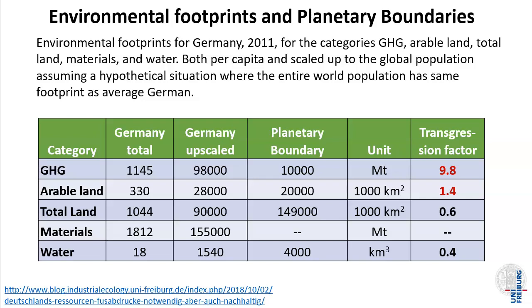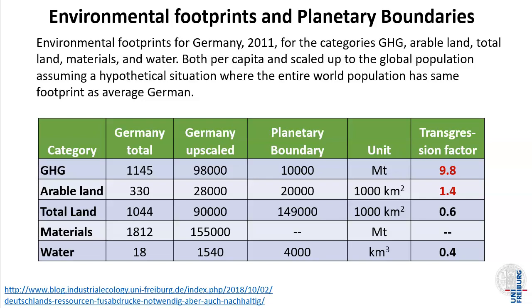And what we see is that for climate change and greenhouse gas emissions we are way above the target, maybe a factor of 10. Depends on how we calculate the budget, but it's clear that the carbon footprint of Germans and of most other people in high-income countries is way above the global limit. And interestingly, also the arable land footprint is above the limit, and this is of course a consequence of the high meat consumption.